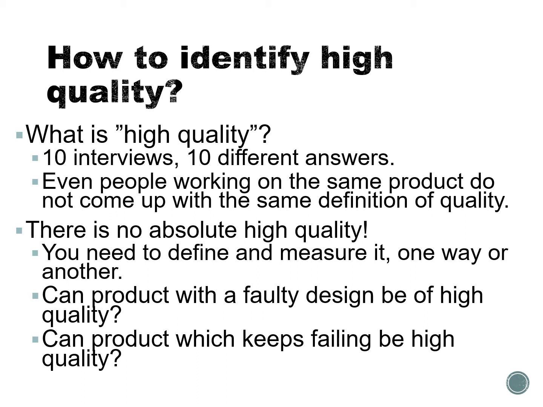We found out that actually even people who work on the same product do not naturally agree on what is high quality. If we ask them to pick the three most important features or characterizations of quality for the software they are working with, they do not tend to pick the same ones, naturally, because everyone is thinking about quality from their own perspective.